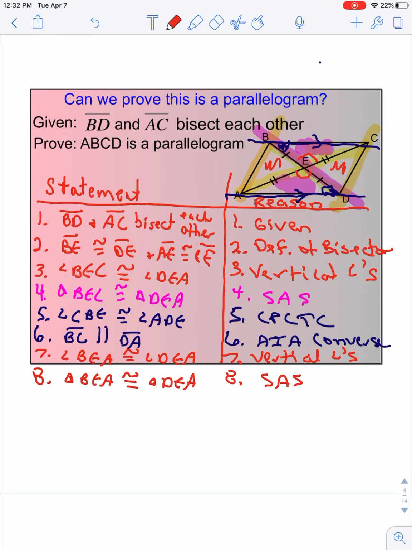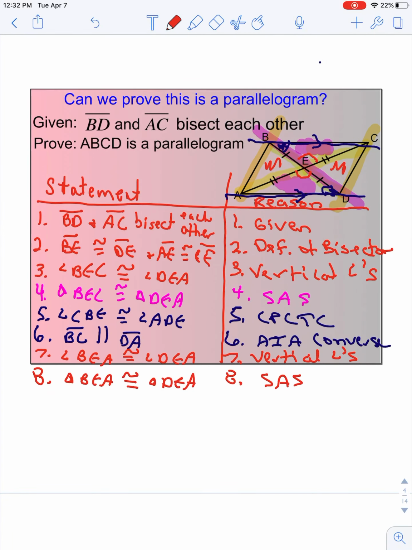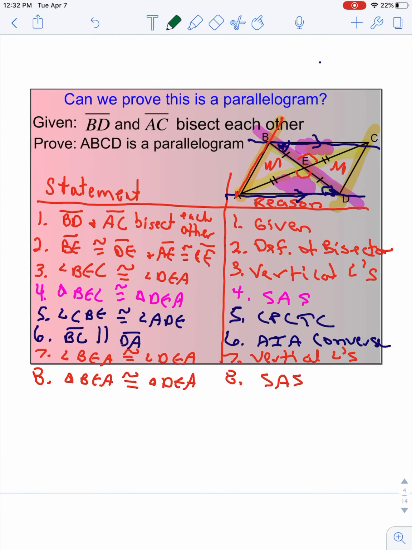And because of CPCTC now, I can also show that we have these lines right here cut by this transversal right here. And I just proved these two triangles were congruent.